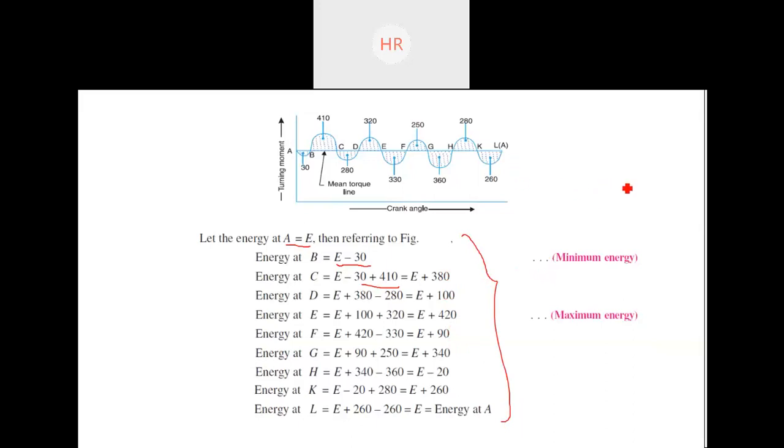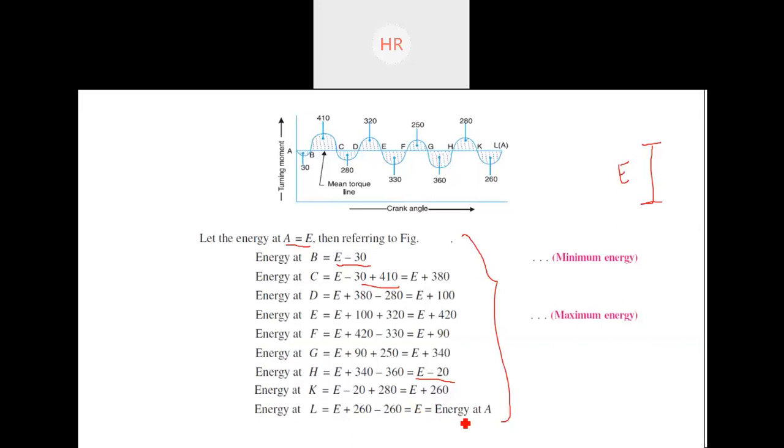So E is equal to energy available up to resisting torque. What is negative? You can see that from point C we are having plus, plus, plus, then at point H we are having negative E minus 20, and again plus.